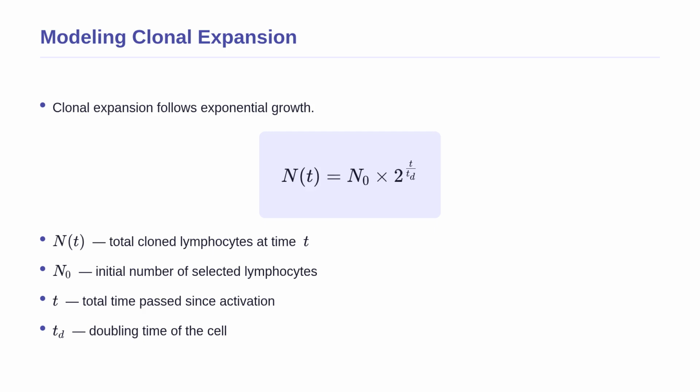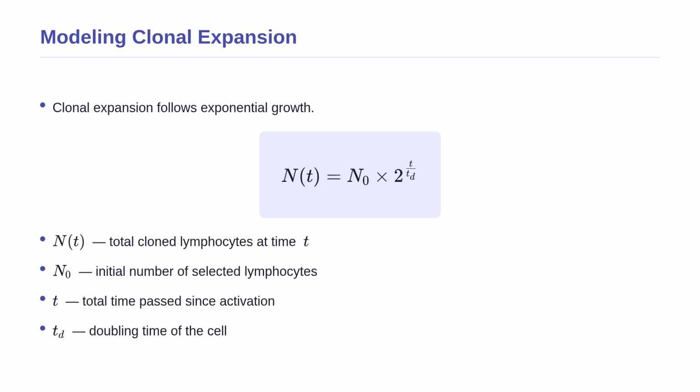Now that we understand the biological process, let us look at how immunologists model this rapid cellular division mathematically. Because one cell divides into two and two into four, this growth is exponential. We use a standard exponential growth equation to predict the immune response.